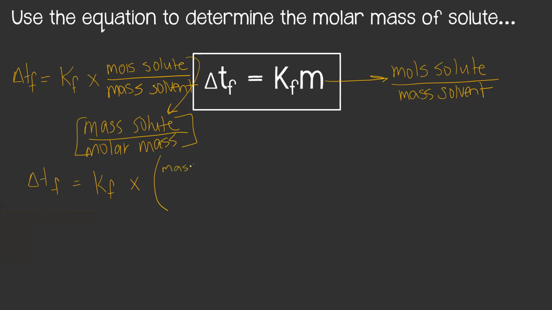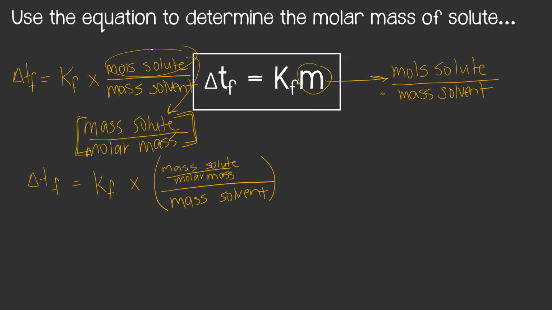Mass of solute over the molar mass of the solute, all divided by the mass of solvent. So all I did so far was I took this equation and I put it in for m, and then I took this equation and I put it in for that. So now I've just expanded and derived.